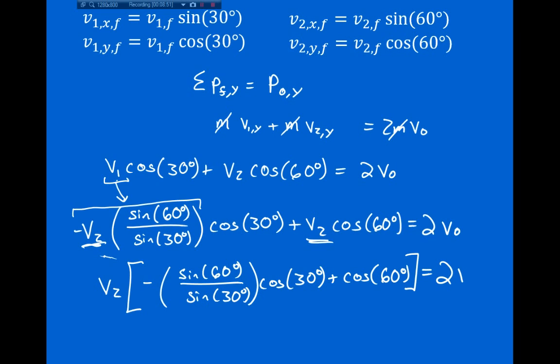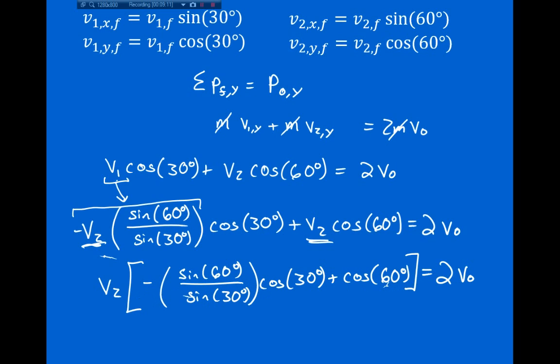equals v0. If you plug all of this into a calculator, the cosine of 60 degrees minus the cosine of 30 degrees times sine of 60 degrees divided by sine of 30 degrees, this whole thing in parentheses is just equal to 1.